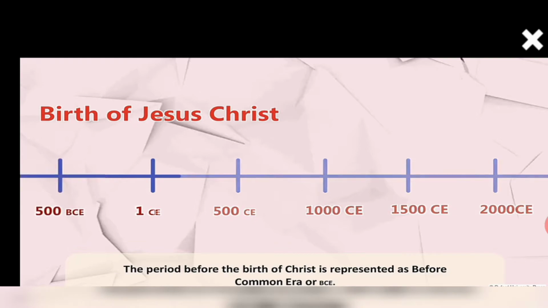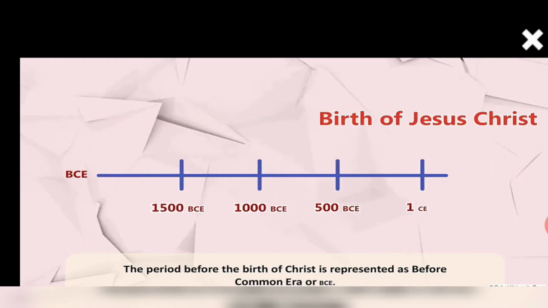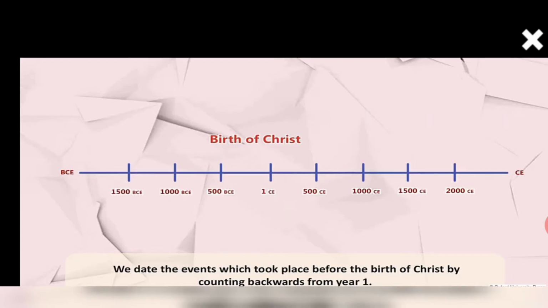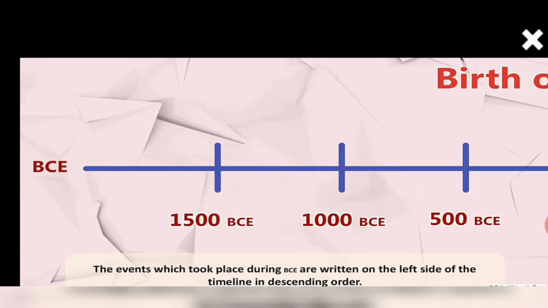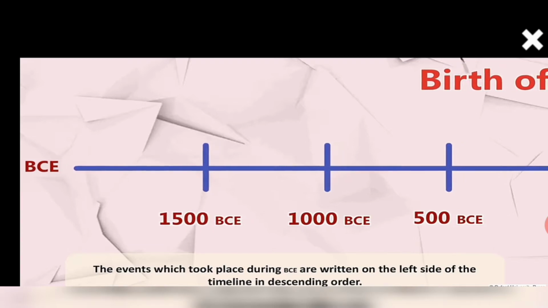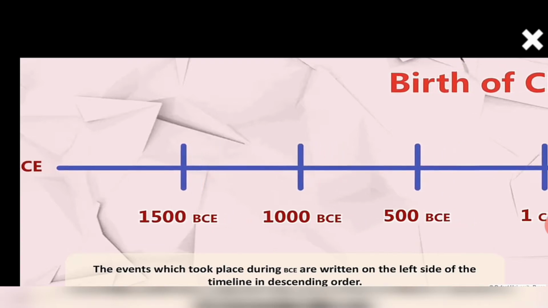The period before the birth of Christ is represented as Before Common Era or BCE. We date the events which took place before the birth of Christ by counting backwards from year 1. The events which took place during BCE are written on the left side of the timeline in descending order.